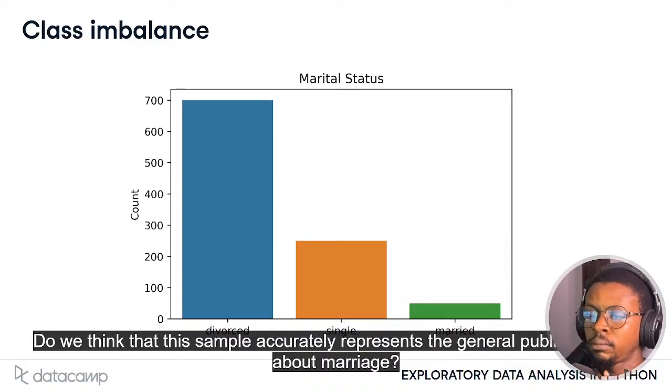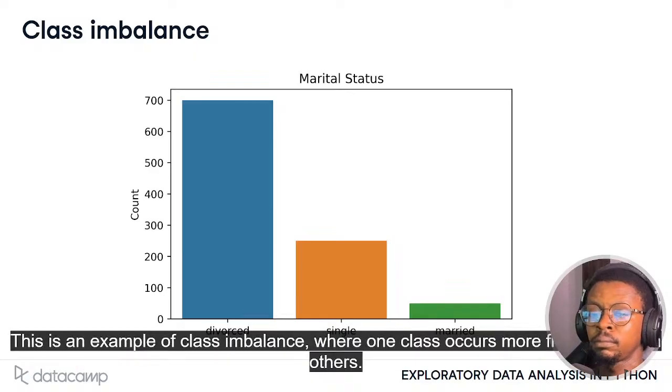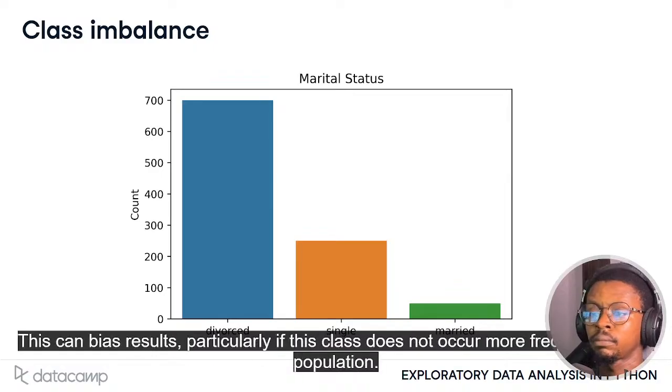Do we think that this sample accurately represents the general public's opinion about marriage? Are divorced people more likely to have a negative view towards marriage? This is an example of class imbalance, where one class occurs more frequently than others. This can bias results, particularly if this class does not occur more frequently in the population.